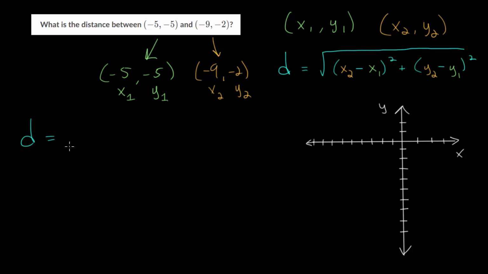The distance between these points is the square root of the difference between the x values. So we'll put in this negative 9, that is x2, and we have to subtract our other point. This is where many students make mistakes, because we're subtracting whatever that point is, and in this case, that point is a negative number.